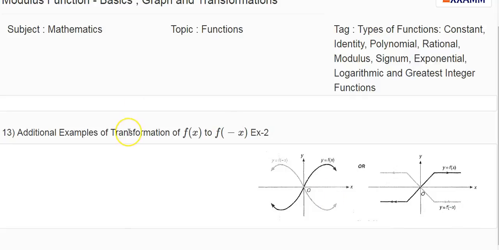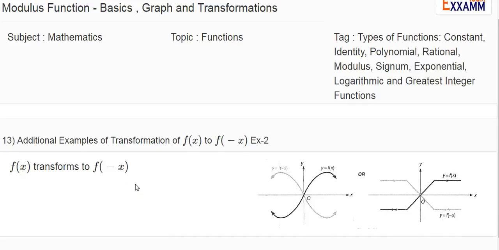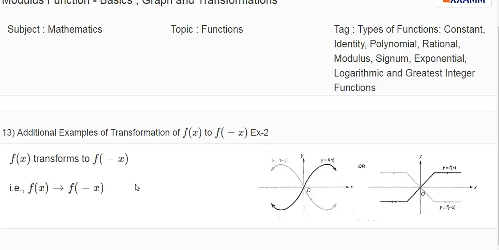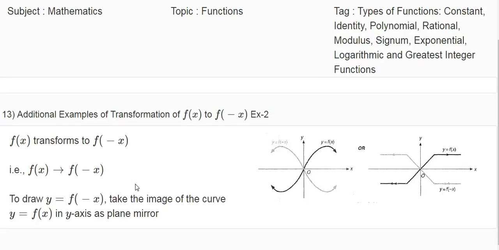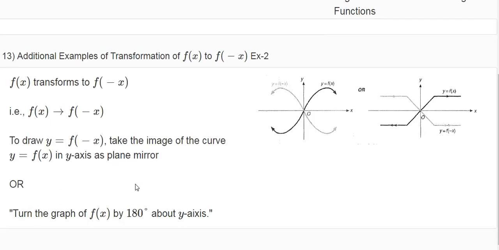Now in this case, this is the graph of a general function which is like this and like this, and we are considering another case where the graph is like this, then what would be the graph of y is equal to minus f(minus x)? So in this case, when we are transforming f(x) to f(minus x), let us draw the graph of f(x).